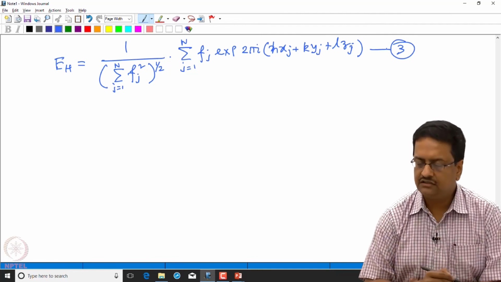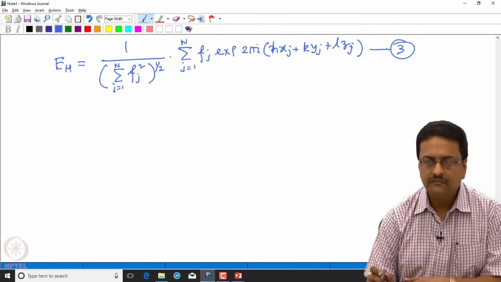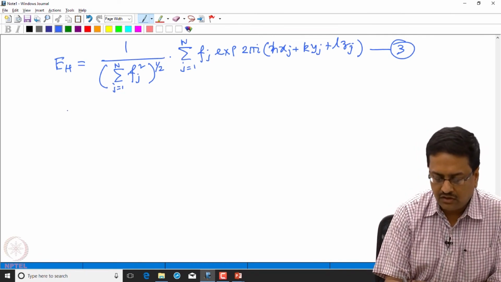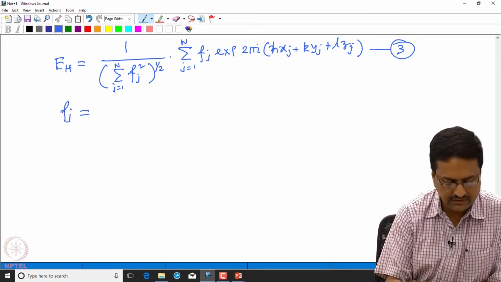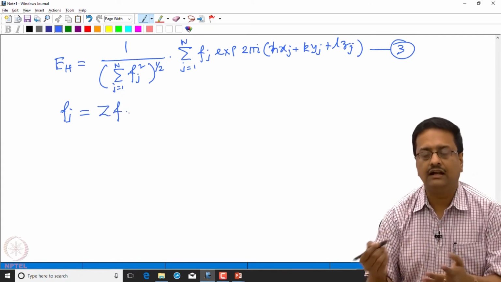If we assume that this is a structure which contains only one type of atom, then all the f_j's can be written as Z into f, that is, all atoms being the same.